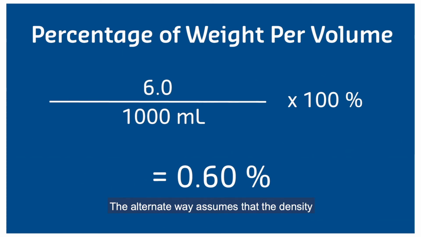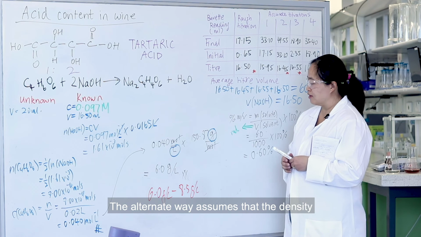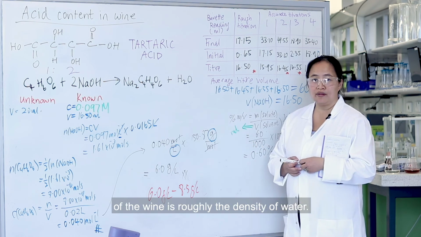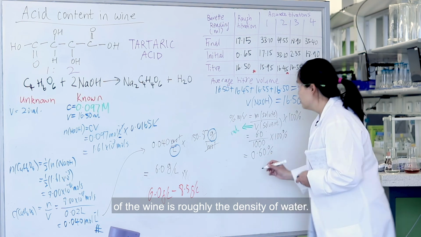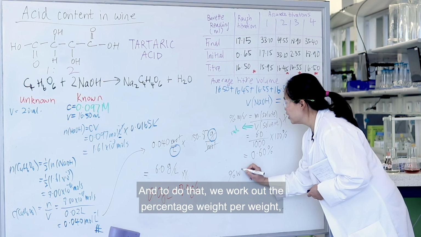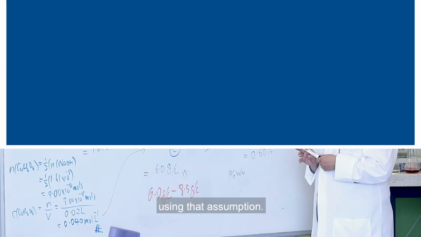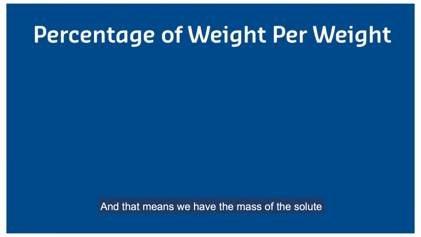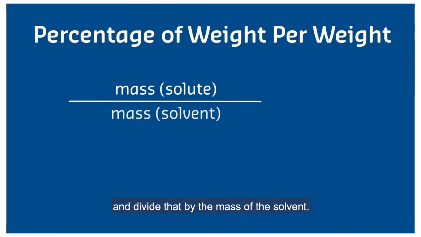The alternate way assumes that the density of the wine is roughly the density of water. To do that, we work out the percentage weight per weight using that assumption. That means we take the mass of the solute and divide it by the mass of the solvent.